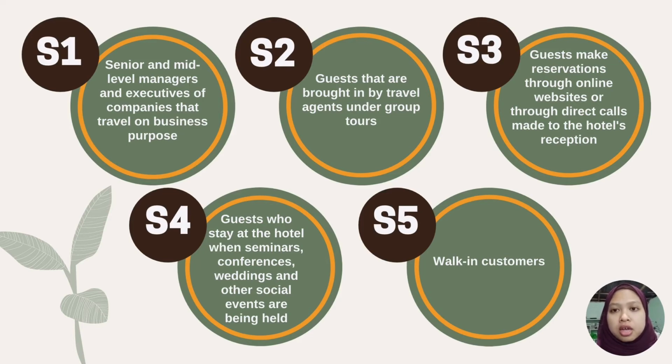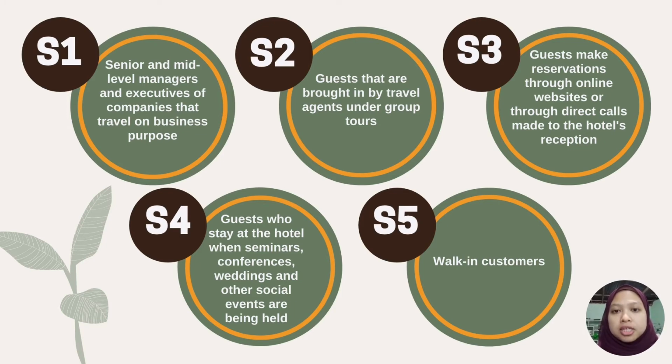swimming pool, and restaurants. For the fourth segment, the guests stay at the hotel when seminars, conferences, weddings, and other social events are being held. These guests only pay for the room rent, and their food and beverages are usually covered under the payments made for the banquet halls or ballroom.